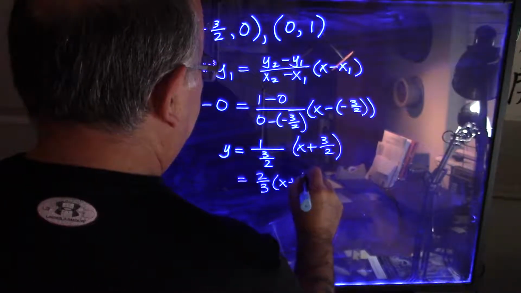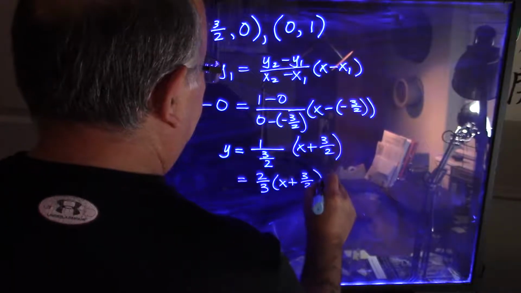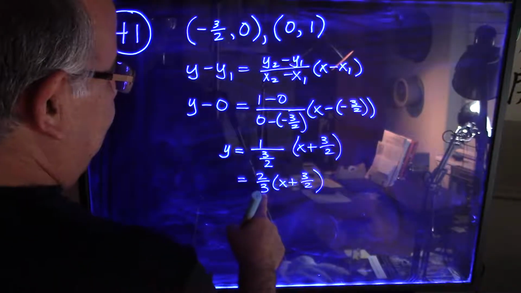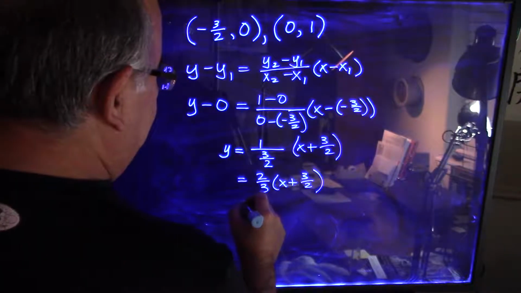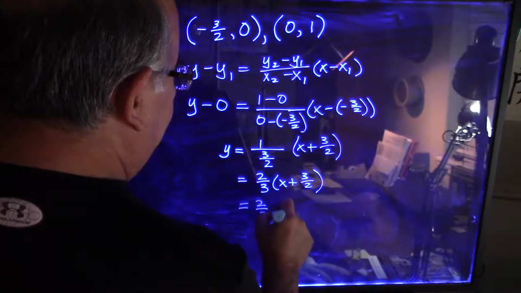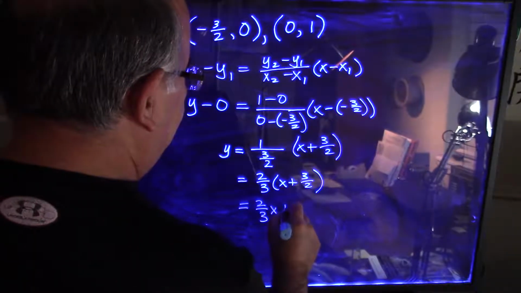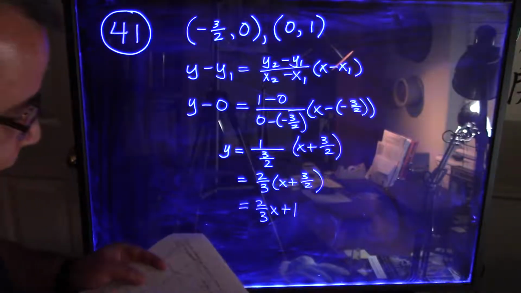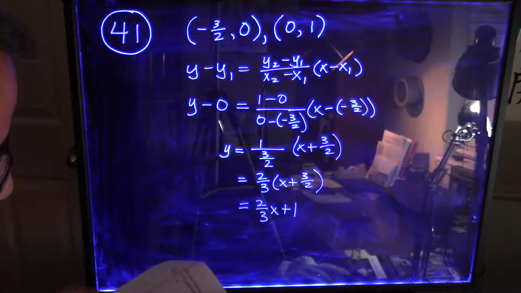And then x plus 3/2. Oh, you'll notice 2/3 and 3/2 are reciprocals. So when I multiply that through, that's going to equal a 1. So that's pretty nice. 2/3 times x is 2/3 x plus, and then that's a 1. So there you go. Y equals 2/3 x plus 1.